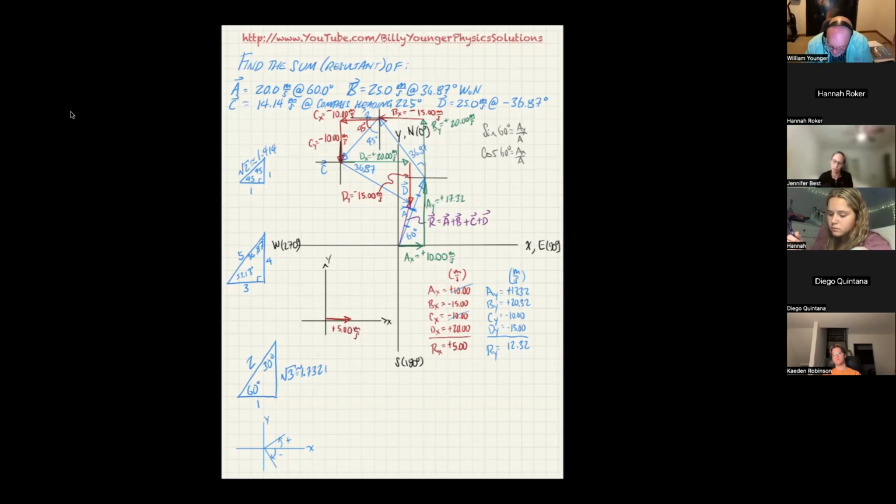And then my R sub y is 12.32, which is a little bigger than twice 5. So in fact, I've got to maybe make the R sub y go up here. And that one's going to be 12.32 meters per second.